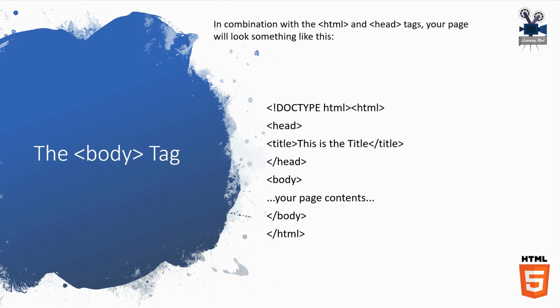Now, the content of your HTML page represented in the example given on the screen resides within the body tag, right? So we are talking about nothing but the body tag now. This includes all the text and other contents.